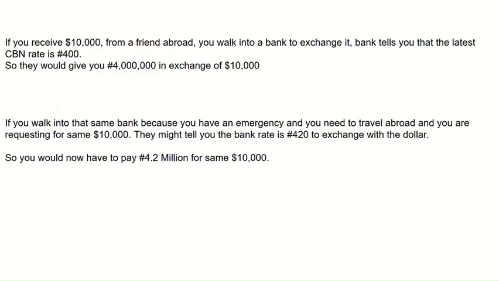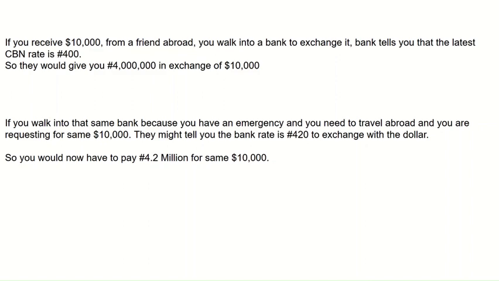And for clarity, let me explain again. If you receive $10,000 and walk into a bank, they exchange it for you at the rate of 400 naira. The 400 naira is the bid price because it is the price that the bank is buying the dollar from you. Now, if you want to collect the $10,000 back, they might tell you the exchange rate is now 420 naira.